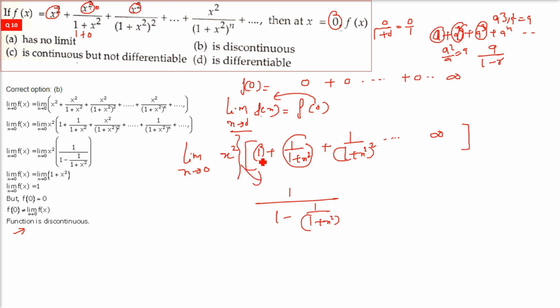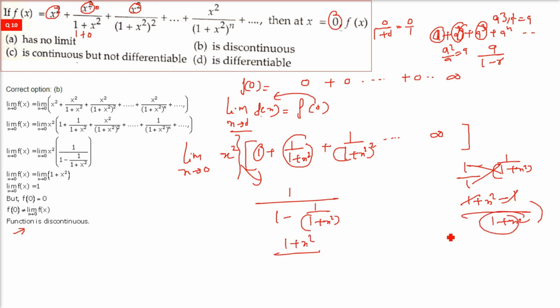I'm taking only the right portion right now and solving this, then I will apply the limit. So 1 minus 1 by 1 plus x square: 1 plus x square minus 1 divided by 1 plus x square. The 1 gets cancelled, so you have x square by 1 plus x square in the denominator. When it goes up, 1 plus x square will be in the numerator and x square in the denominator.